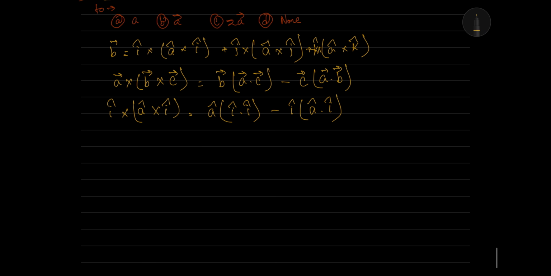So let a equal to ax i cap plus ay j cap plus az k cap. Then this will be a vector minus ax i cap.